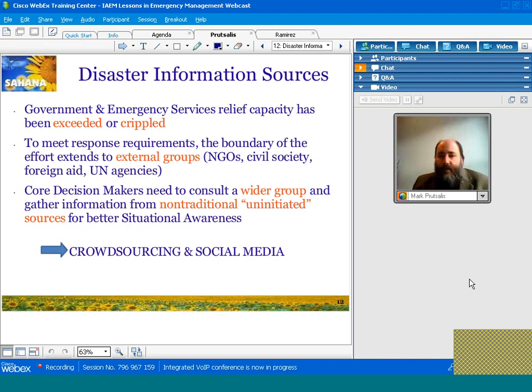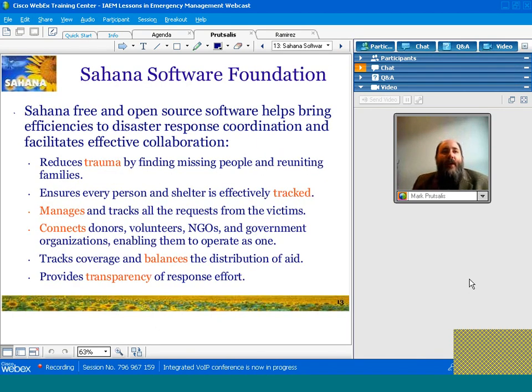So, all that by way of background, I want to talk a little bit about the Sahana Software Foundation before going into the Haiti earthquake issues in some detail. The Sahana Software Foundation really serves this purpose.